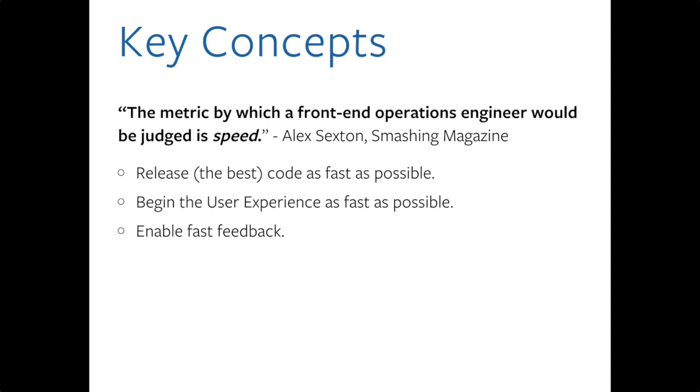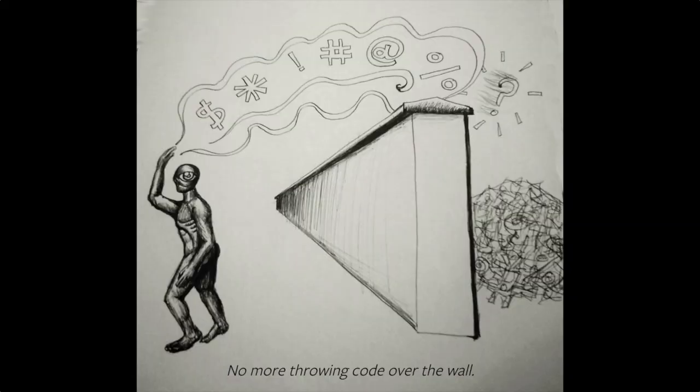There's another point that I want to make, and that's that the culture of DevOps, which has been established over the past few years, is really about stopping throwing code over the wall and blurring the lines between developers and operations, and allowing developers to really take responsibility for the code that they're running on the servers.